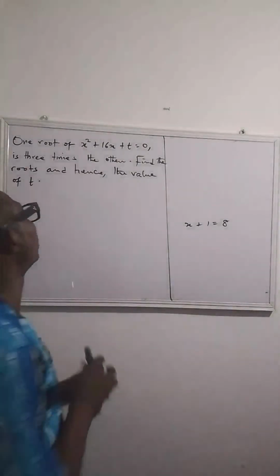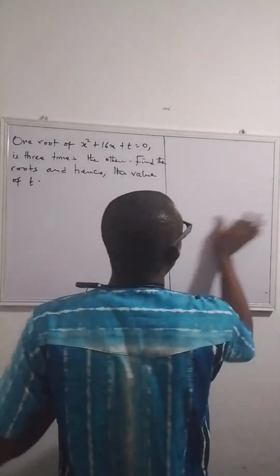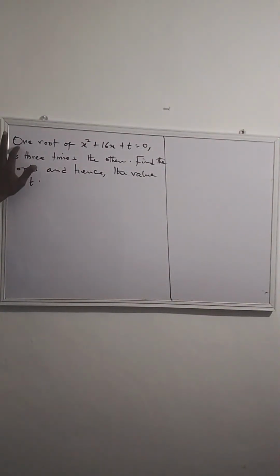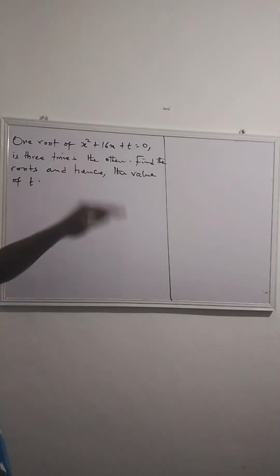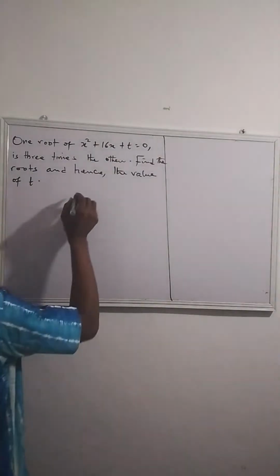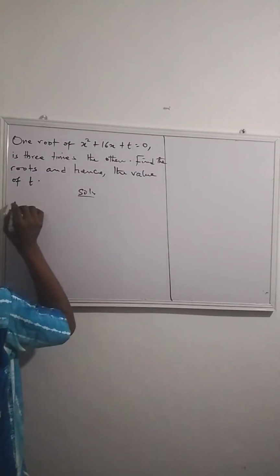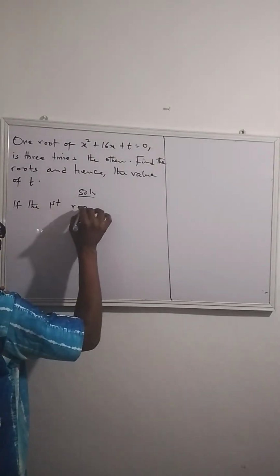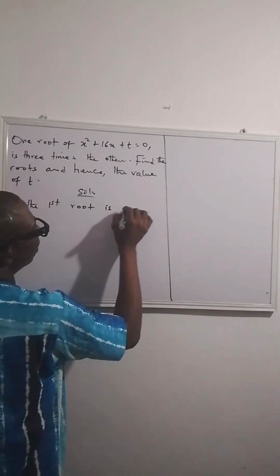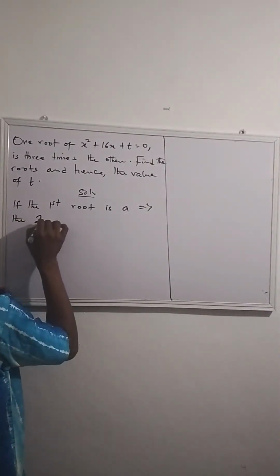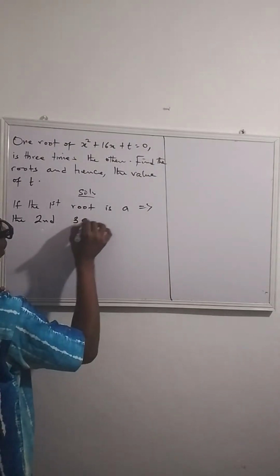All right. So for this type of question, you are expected to have 2 roots, 2 answers. And the question says that one of the roots is 3 times the other. So that means that if the first root is a, that implies the second is 3a.